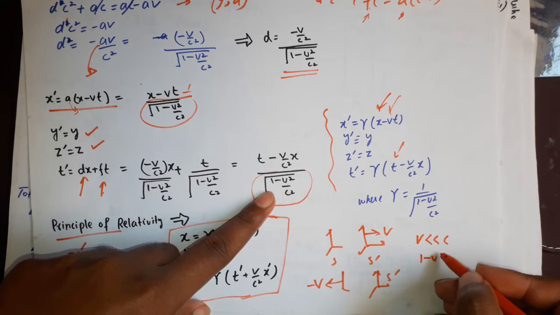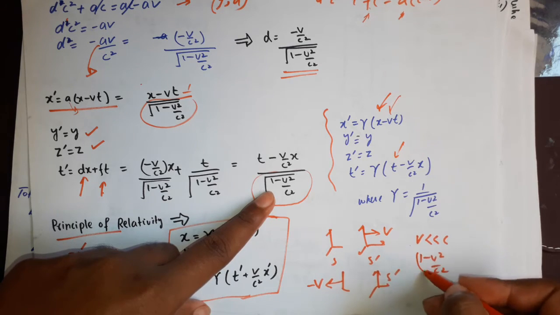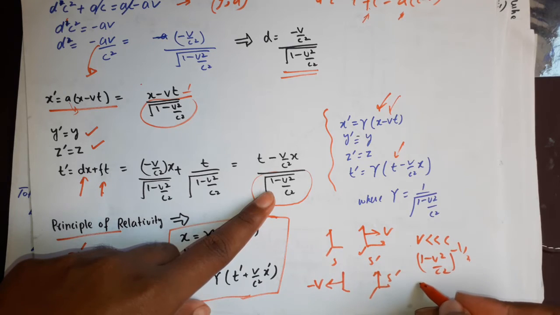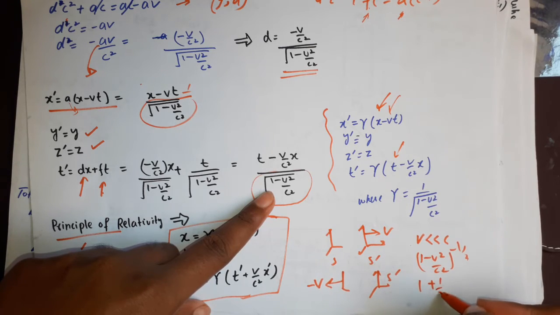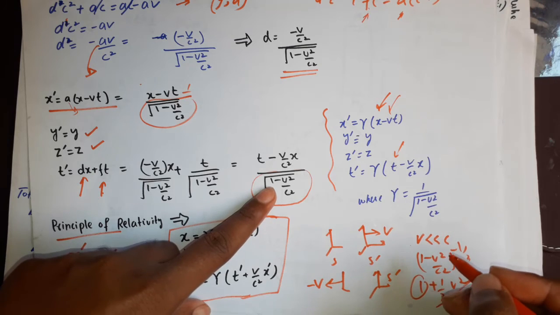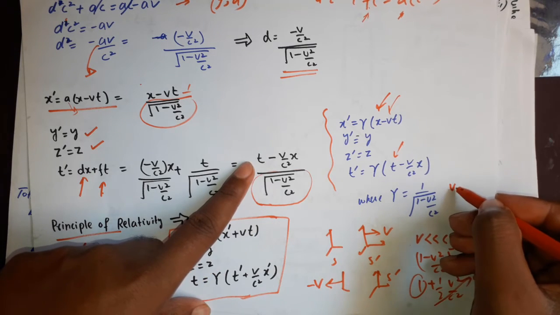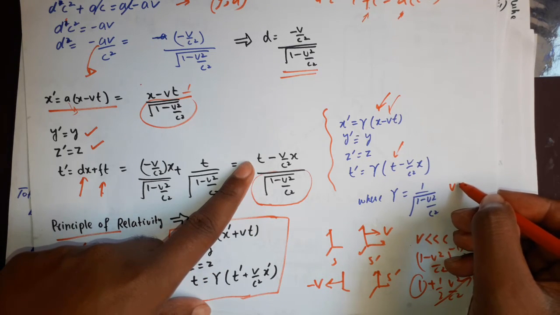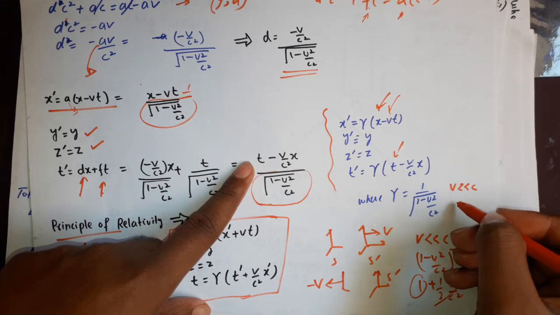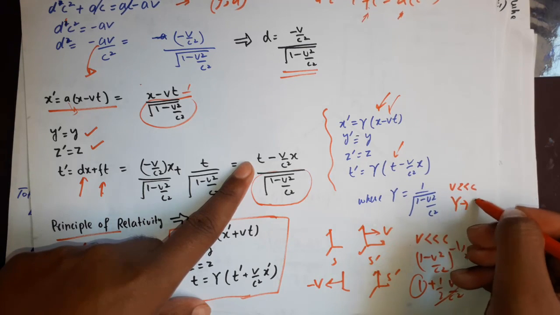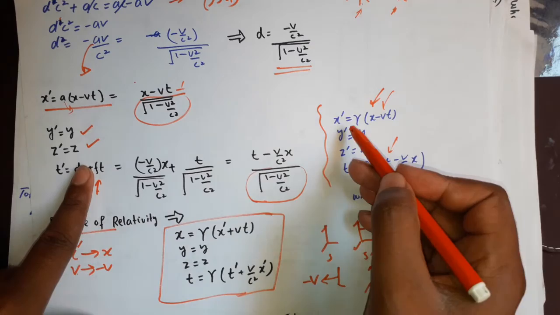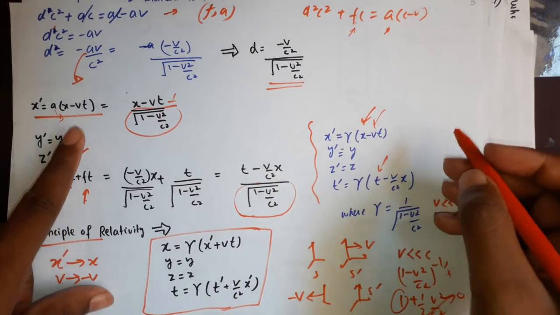This gives me 1 minus v squared by c squared to the power minus 1 by 2, which expands to 1 plus v squared by c squared and so on. This term goes to 0 because v is much smaller than c, so we get 1. The idea is that in the limit when v is very much less than c, gamma approaches 1, and therefore we get the Galilean transformation back.